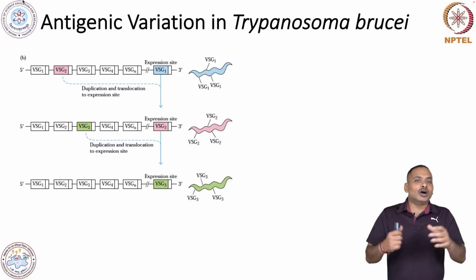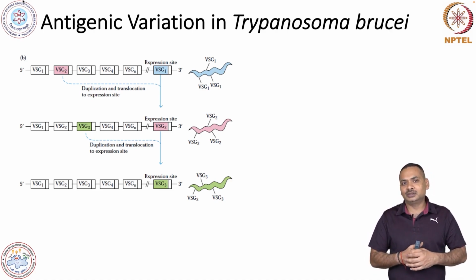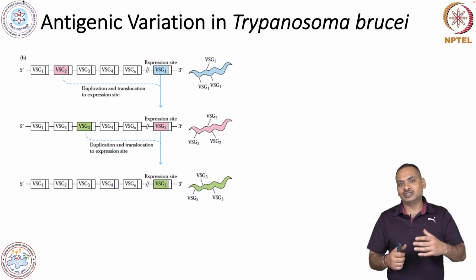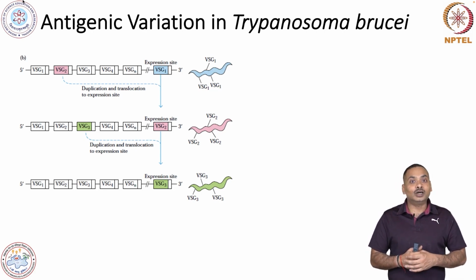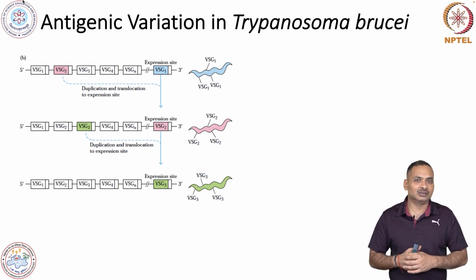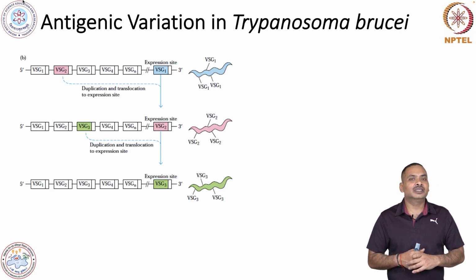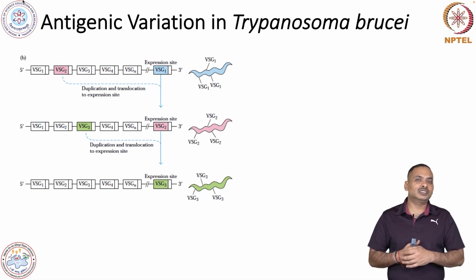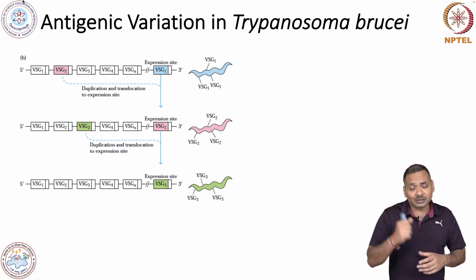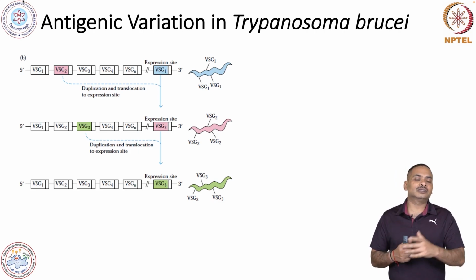Our immune system is quite efficient in clearing this parasite. However, our immune system cannot clear 100%. Still, 1%, or a very small fraction, will remain, and that small fraction will change this variant surface glycoprotein.